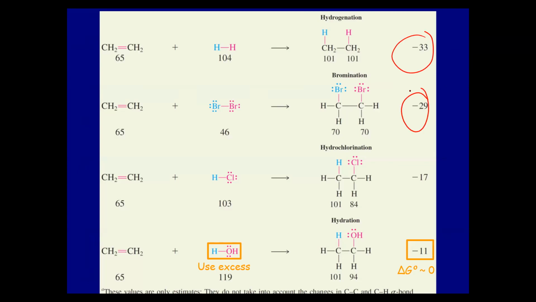Now, for the one where there's a problem, it's for water. If you are trying to add water, in fact, we normally use a catalyst. The catalyst is H2SO4. Why? Because H2SO4 can easily add onto the double bond. By easily, you still require 140 degrees Celsius, but it's possible.